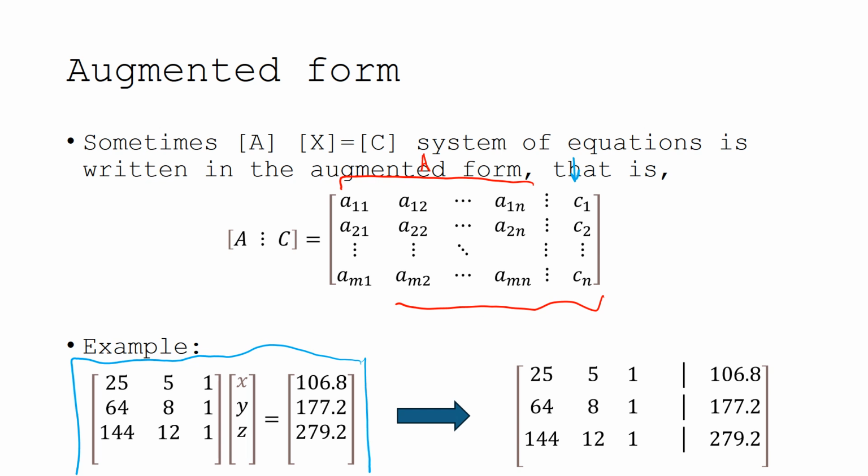The augmented format would be simply you copy A, and then you add this extra column that corresponds to C, and if you use the iterative method, this might be helpful to get the solution. But for our course, we're going to stick to the standard method AX equals C, and we're going to learn in the next video how to solve for the vector of unknowns X.